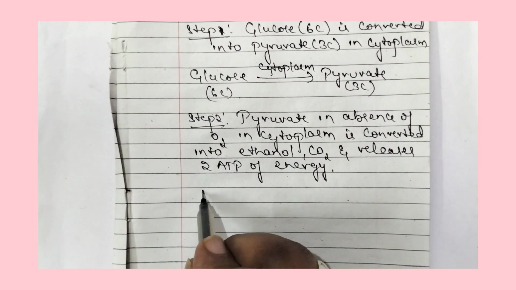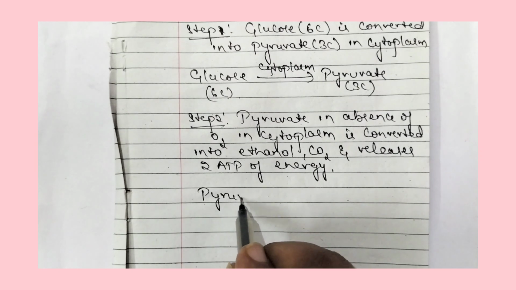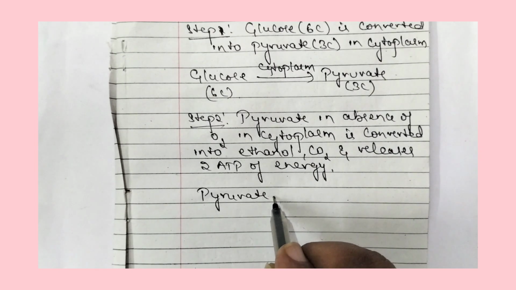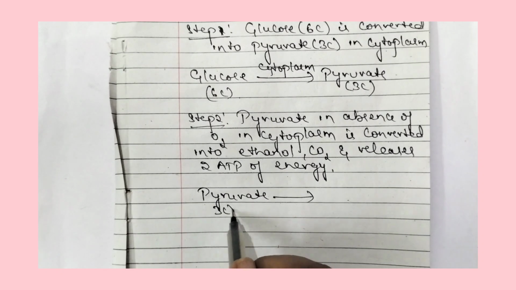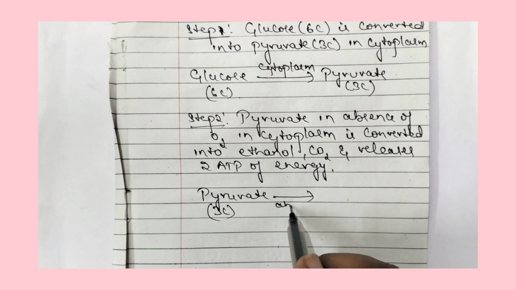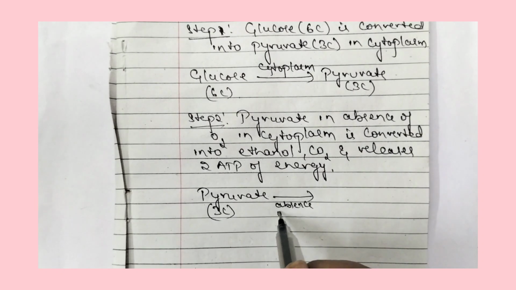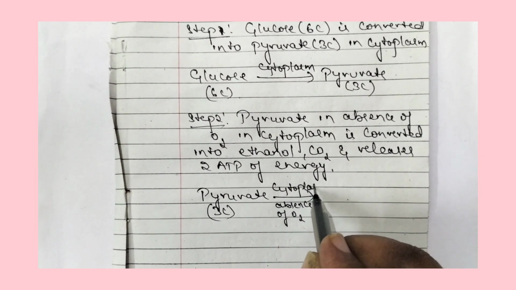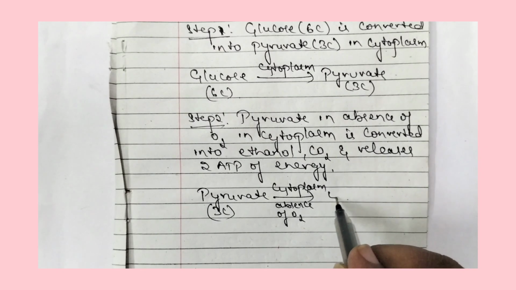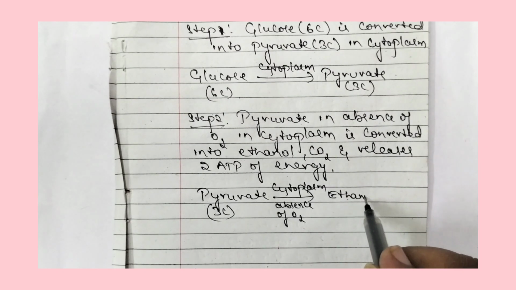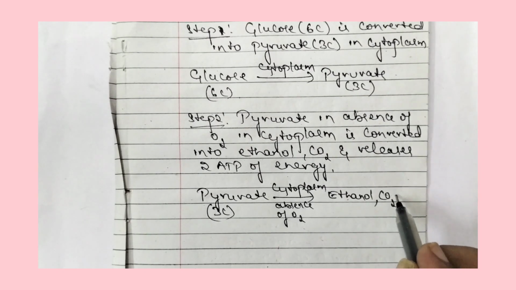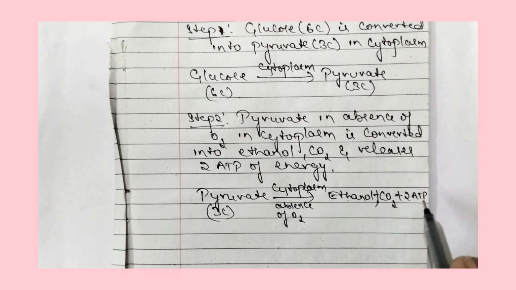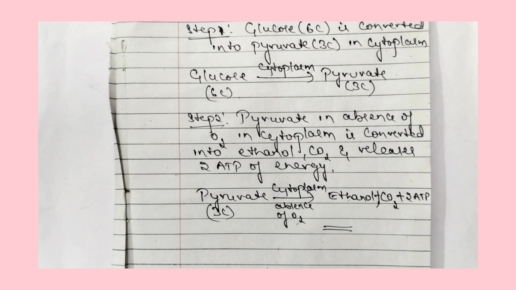So in absence of oxygen, in the cytoplasm itself, pyruvate is converted into ethanol plus carbon dioxide and releases 2 ATP of energy. So this is the answer for question number 6.